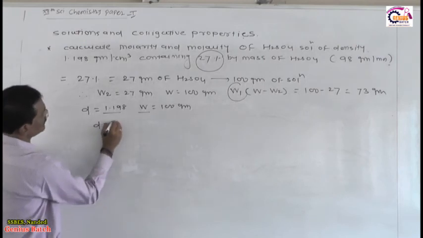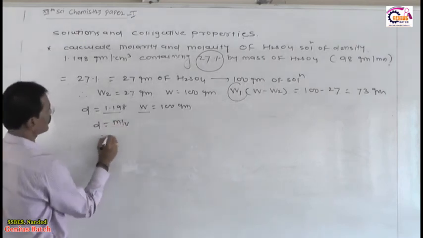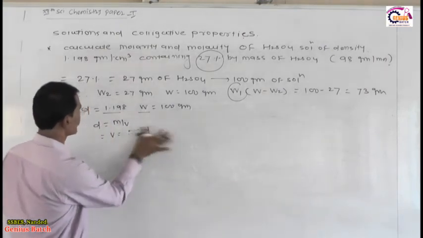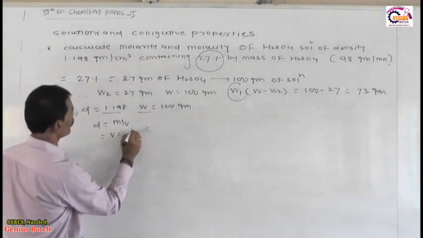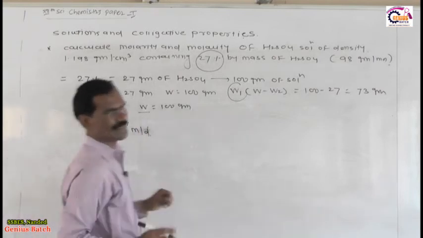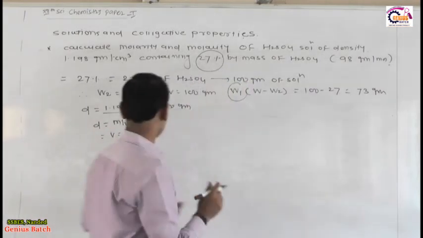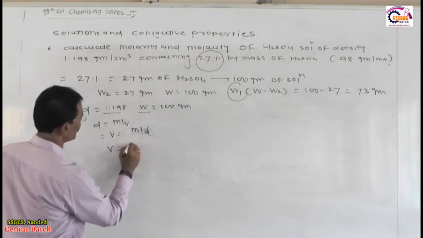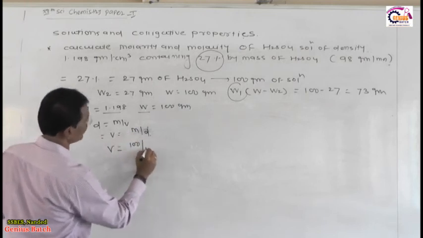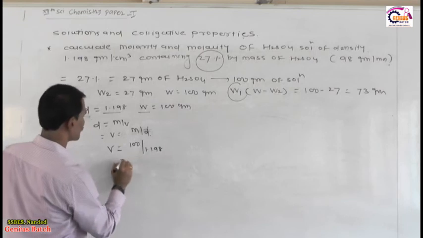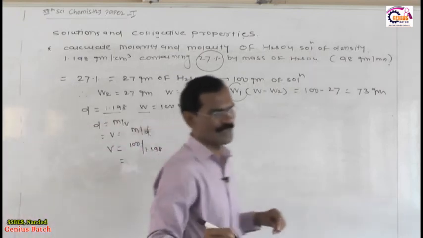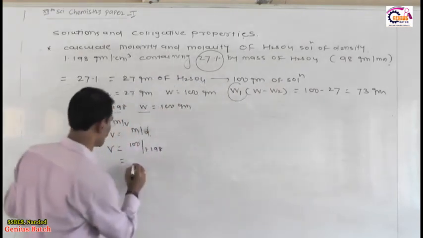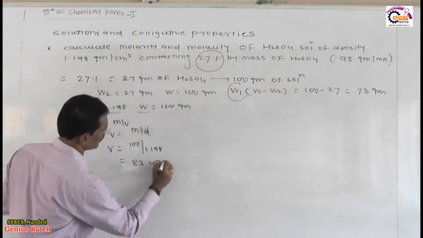Density is equal to mass by volume, therefore volume is equal to mass by density. So volume is 100 gram divided by density 1.198. Therefore the volume of solution becomes 83.47 ml.